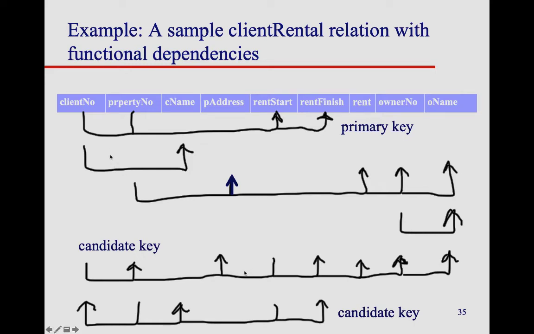So I could add two additional candidate keys, one with client number and rent finish, one with property number and rent finish. So you have to be careful in these things because it's very easy for things like dates or addresses to lead to functional dependencies that you may not anticipate. Okay? Questions about that?